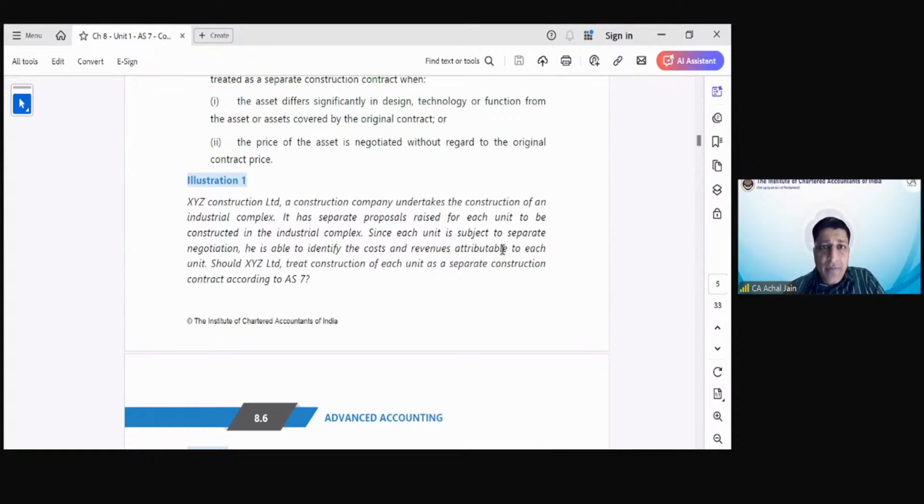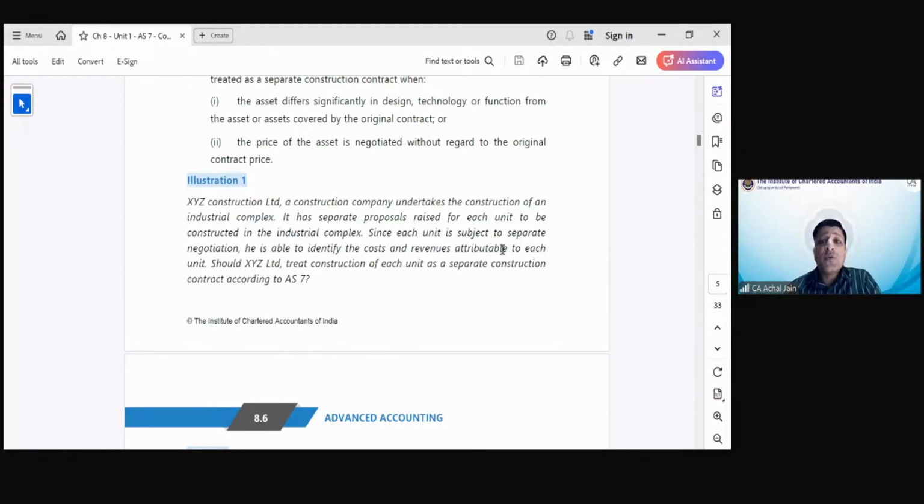XYZ Construction Limited, a construction company, undertakes the construction of an industrial complex. It has separate proposals raised for each unit to be constructed in the industrial complex. So now there's an industrial complex wherein various units will be involved as far as construction is concerned.